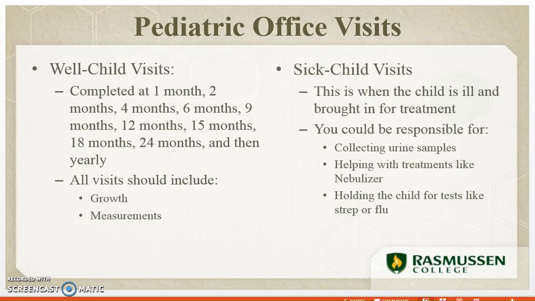Your well baby visits typically start after the birth, and it's 1 month, 2 months, 4 months, 6 months, 9 months, 12 months, 15 months, 18 months, 24 months, and then every year after that.